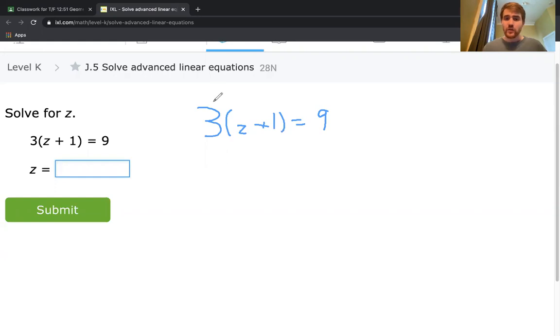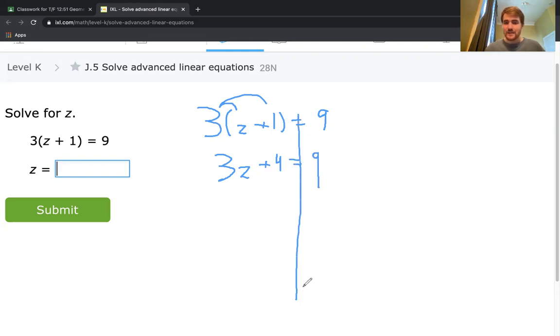So I'm going to distribute first, because whenever we have parentheses, it's easiest to distribute. 3 times z, 3 times plus 1. So this is 3z plus 4 equals 9. Now that I simplified this, I can just go through the steps I usually would.